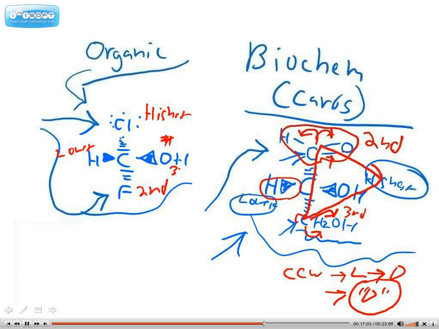The oxygen would be third. So in this case, this would be L form. The hydrogen's coming out. This would be L to D.